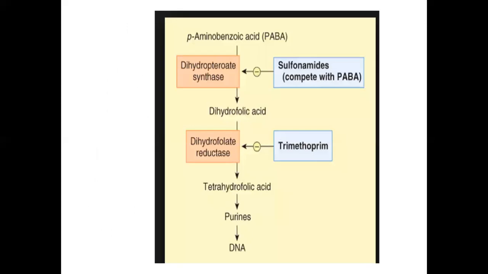So by this illustration, we further understand the mechanism of action. Here we have the precursor of dihydrofolic acid inside the microorganism, para-aminobenzoic acid, and since sulfonamides have similar structures to the PABA, they compete with it and inhibit the function of this enzyme, dihydropteroate synthase, which is responsible for the formation of dihydrofolic acid from para-aminobenzoic acid.